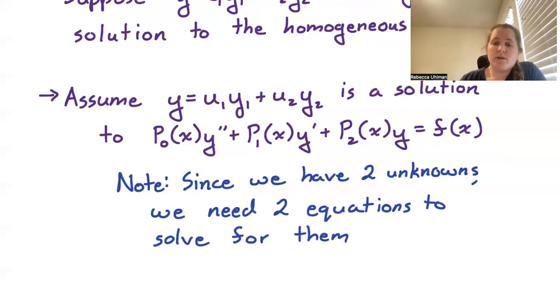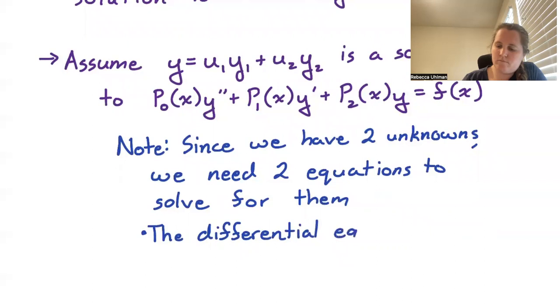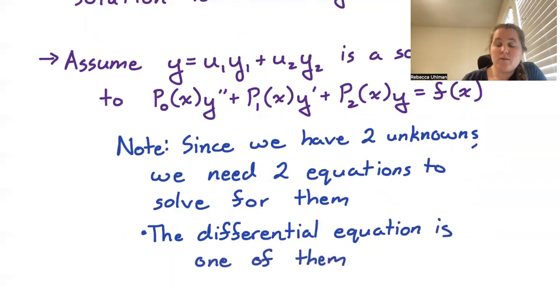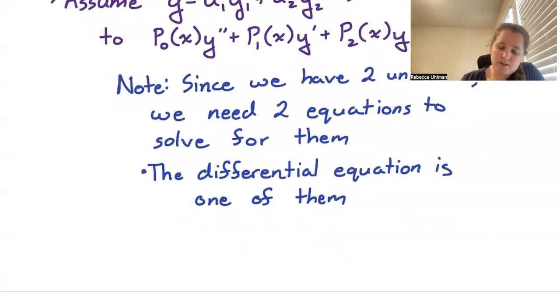We'll get two equations to solve for them. The differential equation is one of them. There is no other second equation, which means we get to pick the second equation so that it's pleasant.